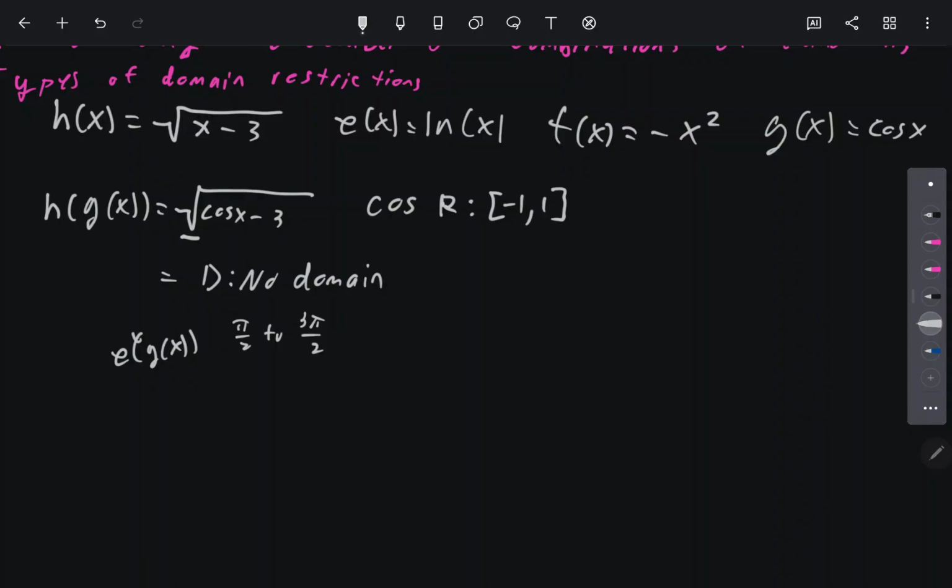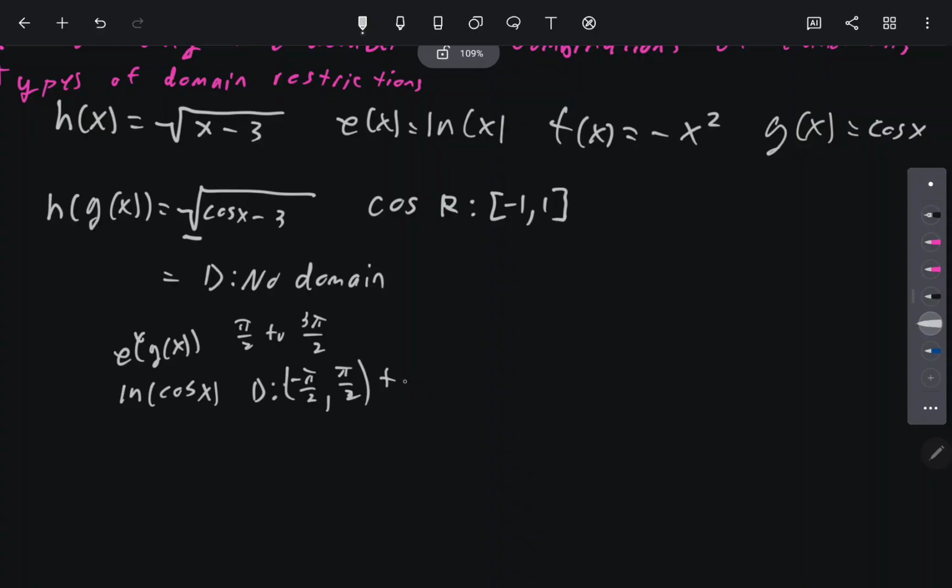So this is actually relatively interesting, where the domain of e of x, or the natural log of cosine of x, is going to look something like negative pi over 2 to pi over 2, and these are going to be open brackets, as the natural logarithm cannot be equal to 0, plus 2 pi n, which is like the strangest domain ever.